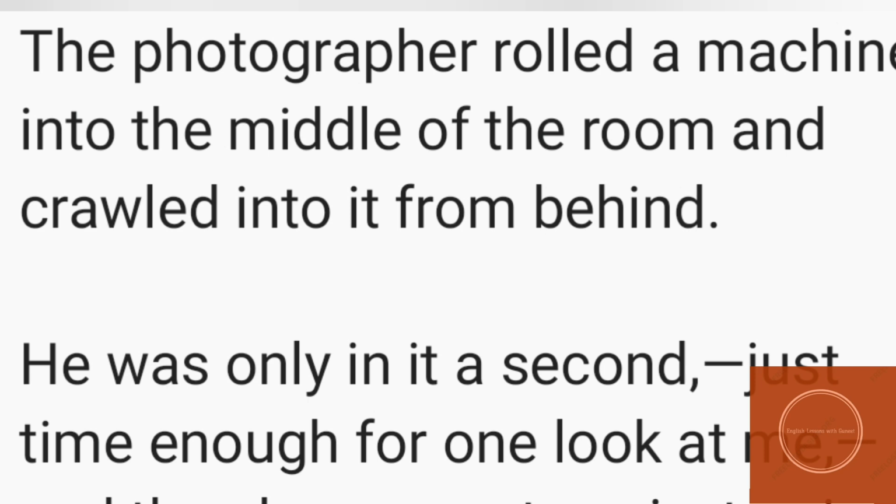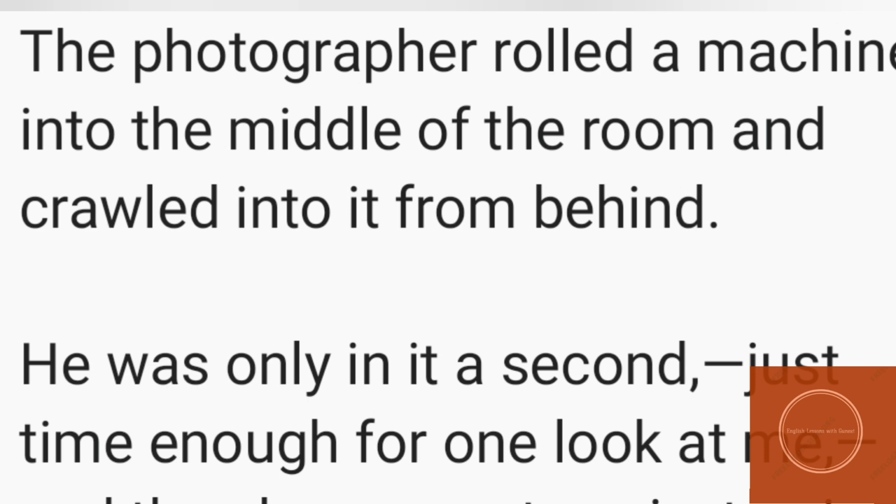Even if we go to a photographer's studio, their cameras are not so huge like the ones which used to be in the old times. So there were huge machines. Such a machine, the photographer just rolled into the middle of the room, and photographers had to go inside a kind of usually black cloth that was put over, and go inside and click the photographs. So over here also, the man just crawled into it from behind.